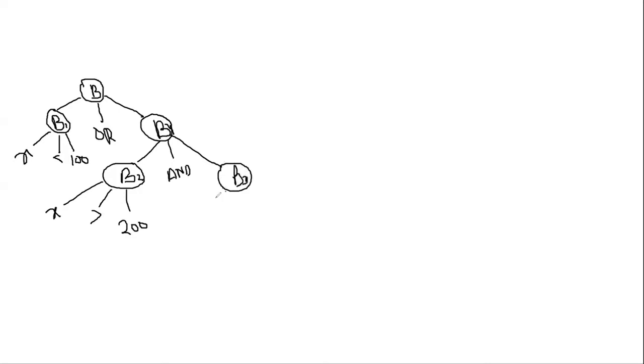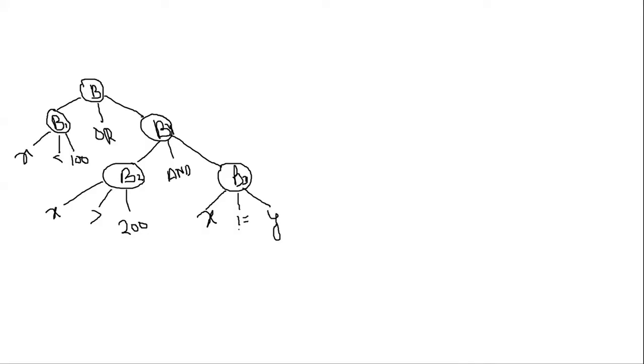And what is B3? B3 is x is not equal to y. So this is the parse tree that we have drawn for the given Boolean expression.